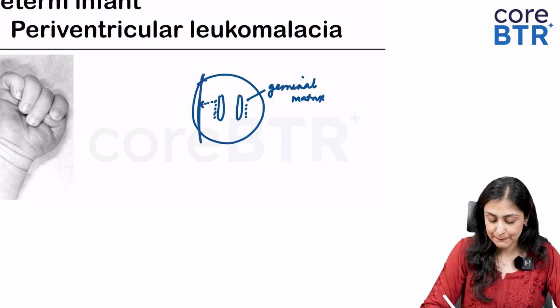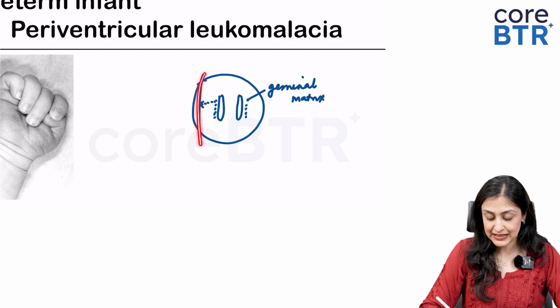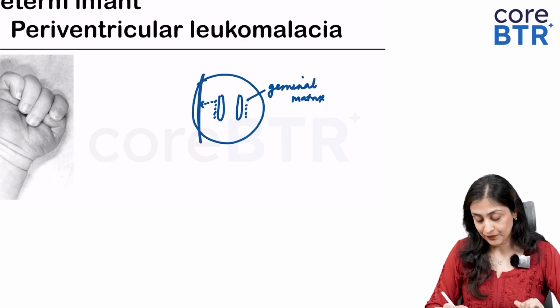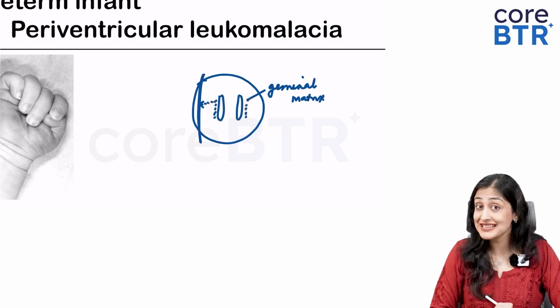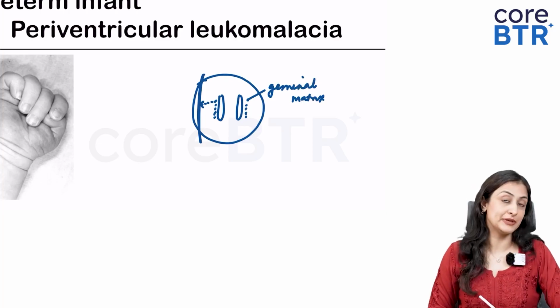So this is the parasagittal zone, which is the watershed zone. Means if there is any hypoxia, now this is the area that would be affected. All right. So in a preterm baby, where do we expect the insult? The blood vessels are still here. So this is the germinal matrix which tends to bleed in a preterm baby.